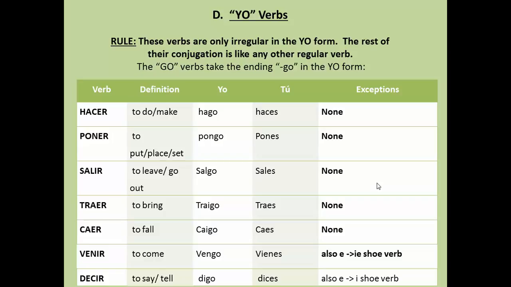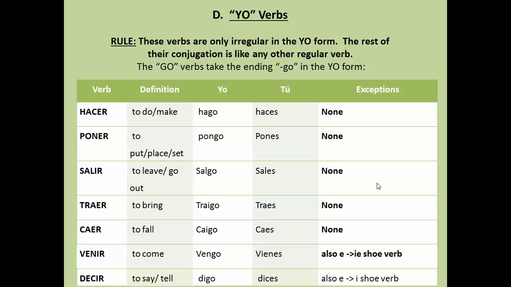Poner, to put or place or set, pongo, and then pones, pone, ponemos, ponéis, ponen. Salir goes to salgo, right, to leave or to go out. Salgo, and then sales, sale, salimos, salís, salen. Traer, to bring, goes to traigo, right?